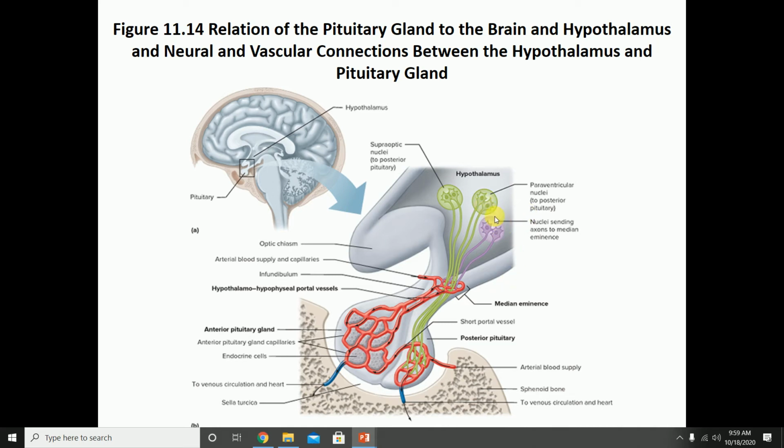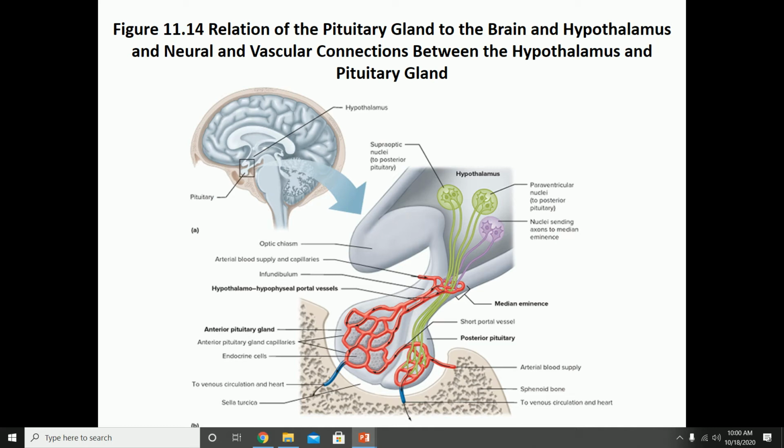Now for the connection between the hypothalamus and the posterior pituitary, well, we said that those hormones are actually made inside of the hypothalamus. The hypothalamus has cells that are known as the neuroendocrine cells. They are nerves, okay, but they are specialized nerves, and what makes them special is that they can make hormones. The hormones that they make are either your ADH, which is the antidiuretic hormone, or oxytocin.